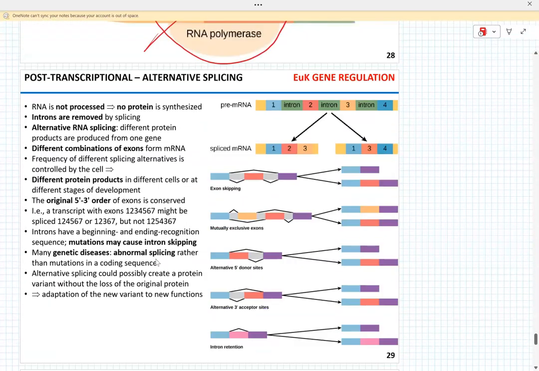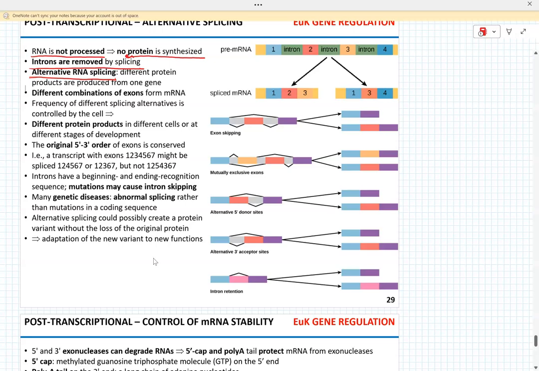Post-transcriptional modification in eukaryotes involves mostly splicing. Remember, if RNA in eukaryotes isn't processed, protein is not going to be synthesized. So during splicing, as you remember, introns are removed. When exons are stitched back together, there can be some variations in that process. We call it alternative splicing. In alternative splicing, a single gene can generate different protein products, essentially by generating different combinations of exons.